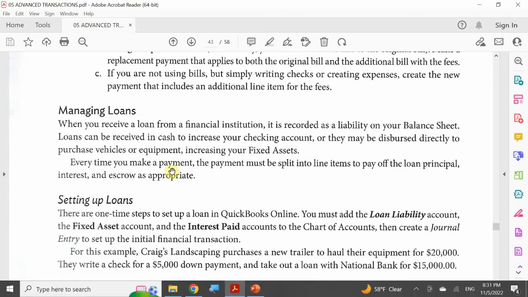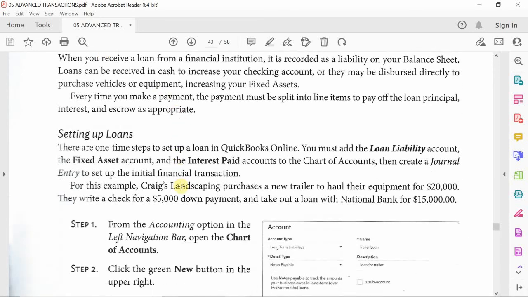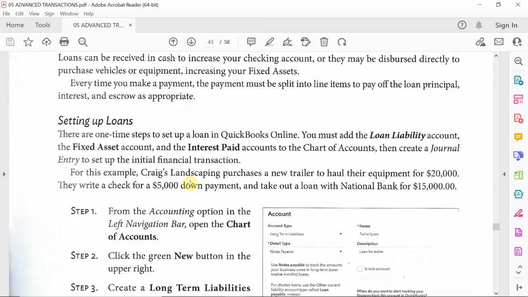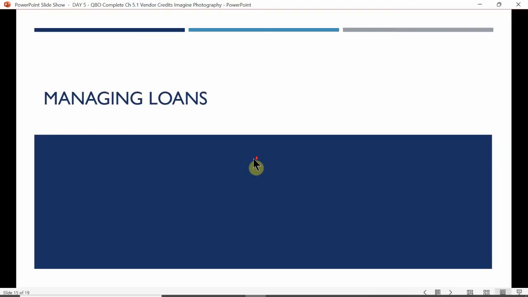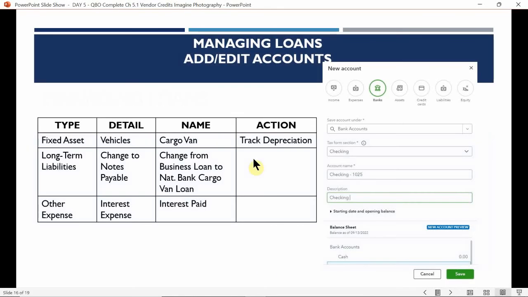So first, let's go ahead and set up the loan in the first place. In your book, you decided that for Imagine Photography, we wanted a cargo van to help us carry our equipment around. So you're going to buy a cargo van, and you're going to need to set up this loan.